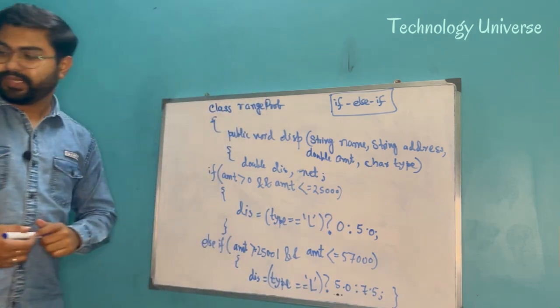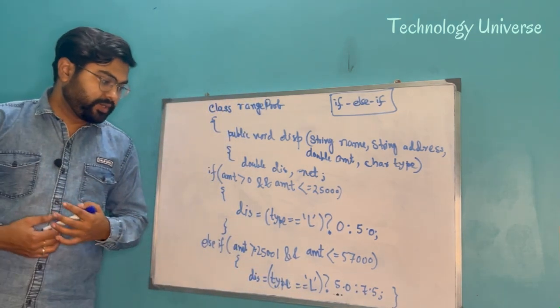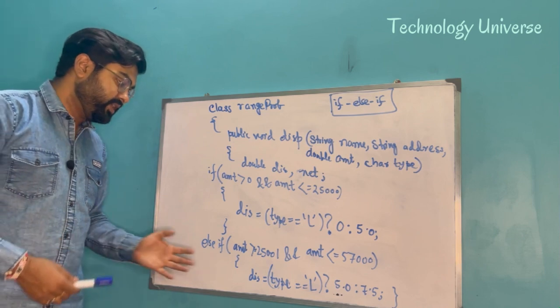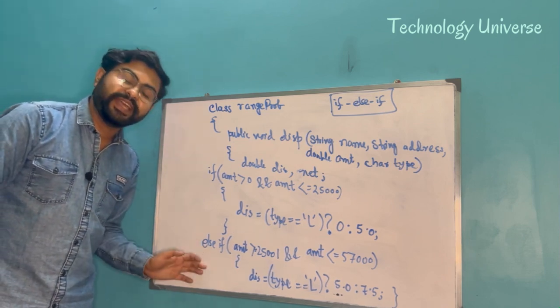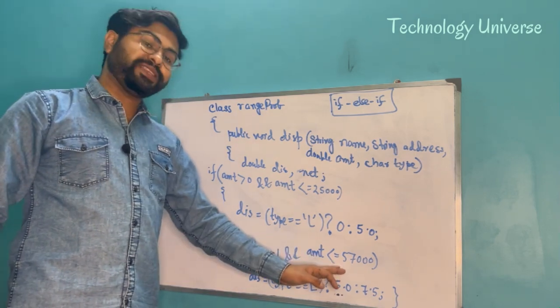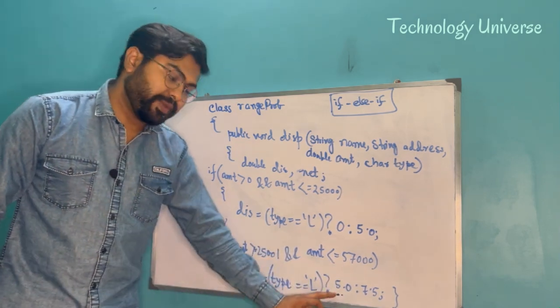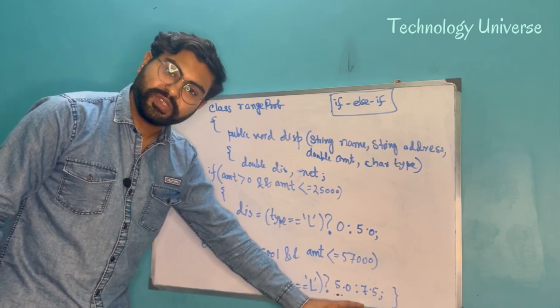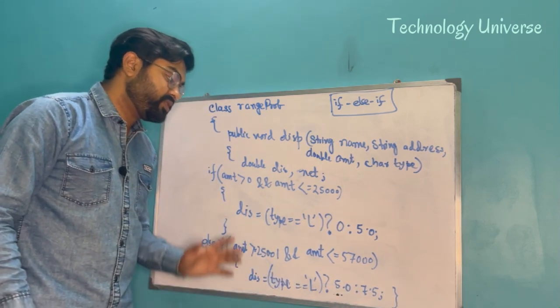Okay, so here we have the discount percentage calculated for the next range. If the range is from 25,001 to 57,000, then for laptop it would be 5%, and for the desktop it would be 7.5%, right? So we are using the ternary operator.